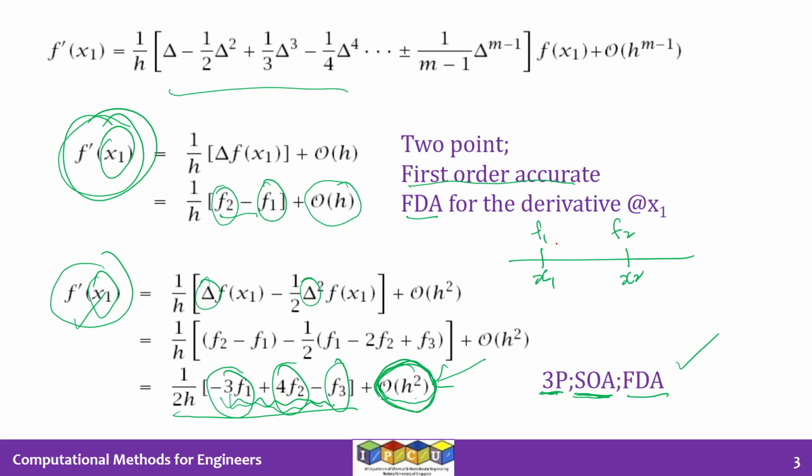So you're looking forward. Therefore, this becomes forward difference approximation. Again, in this expression, we are looking at f2 and f3 and f1 in order to compute f dash at x1. We are not looking at points behind. We are looking at points forward. So that is why this is called a forward difference approximation.